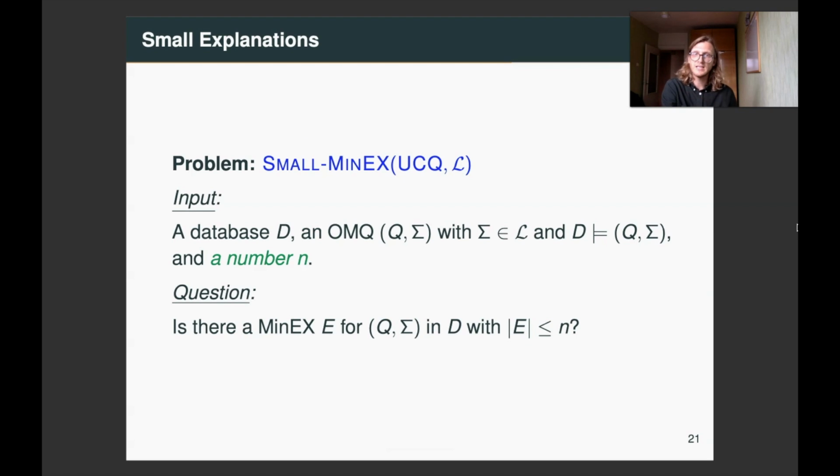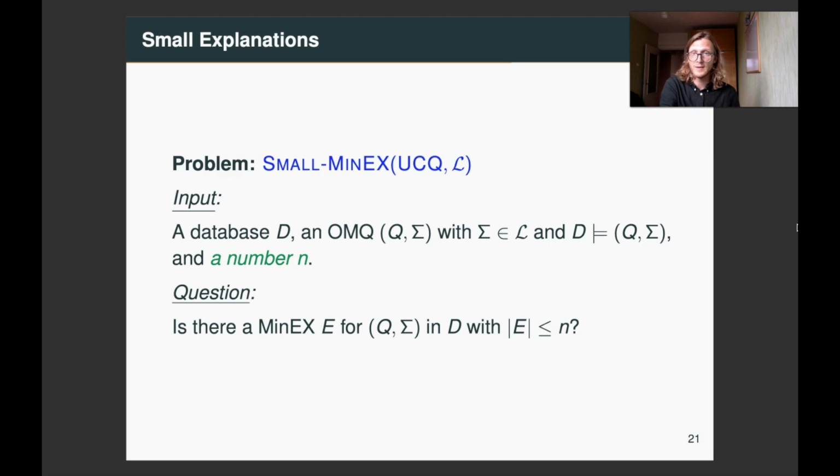And then we study also a problem, small minics. This is a problem asking, is there a minimal explanation of the size smaller than some given threshold number? That is, given a number, we're asking, is there a minimal explanation which is smaller than this number? Okay?